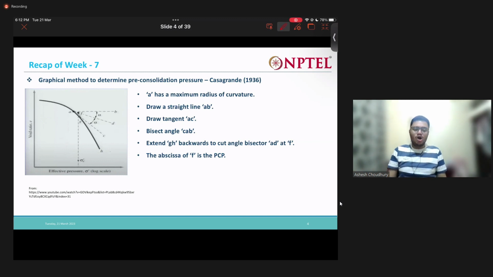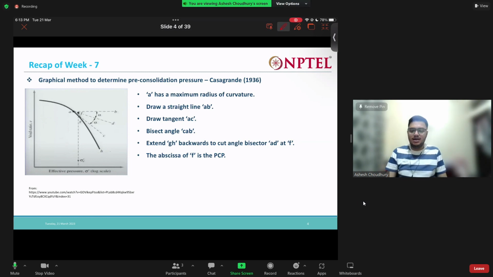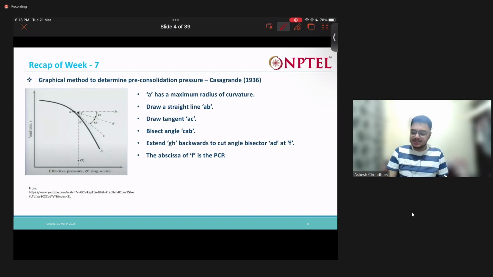You will get the void ratio versus effective pressure plot. From that plot, you need to determine the pre-consolidation pressure. Casagrande, in 1936, gave a graphical method to determine it. So let us see what that graphical method is.